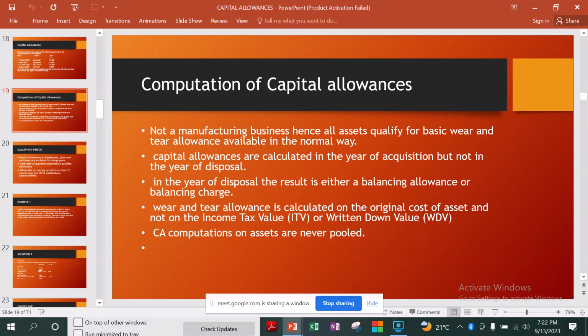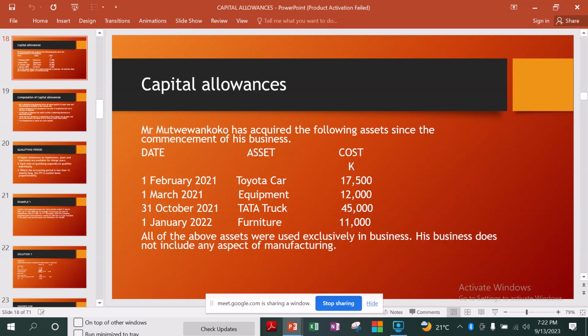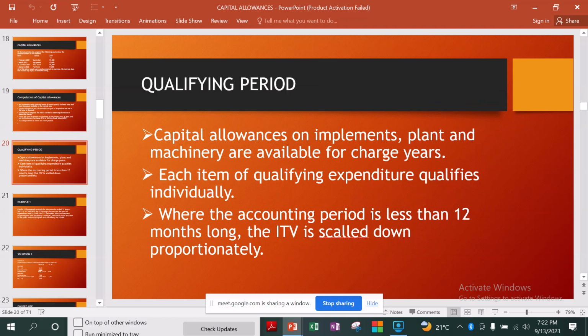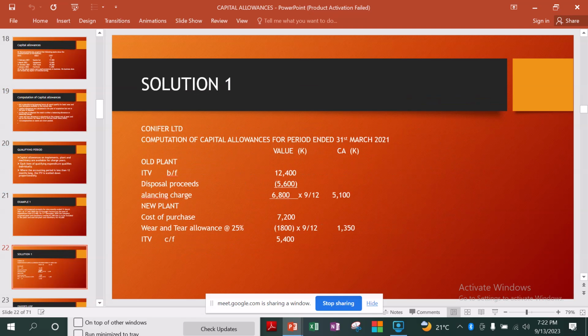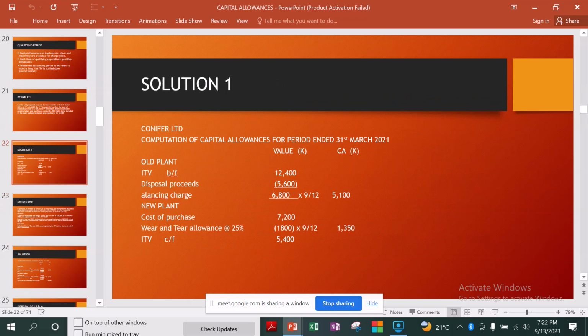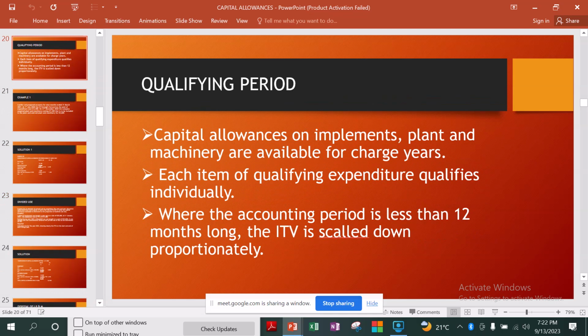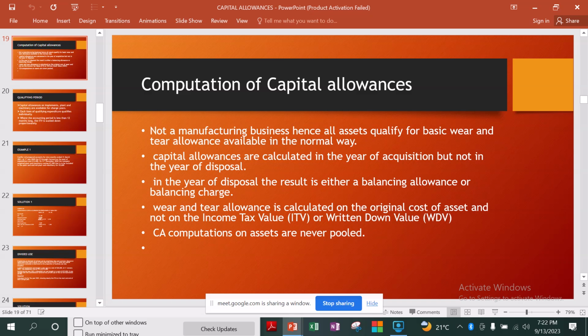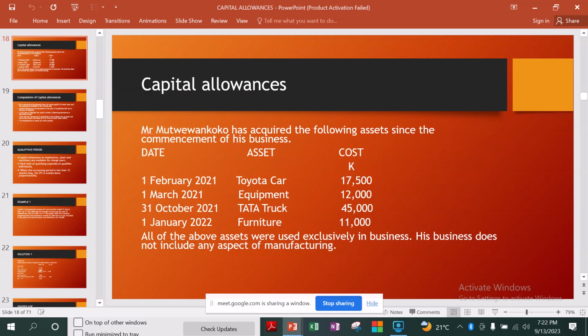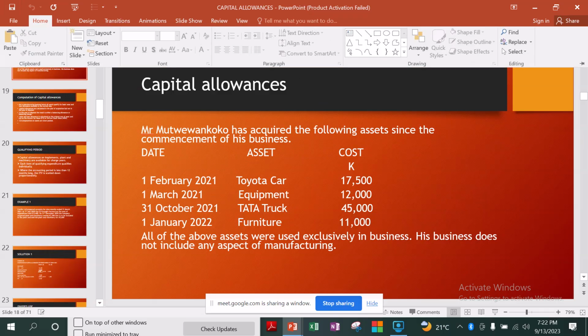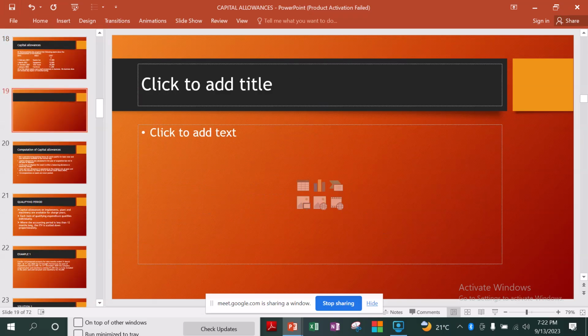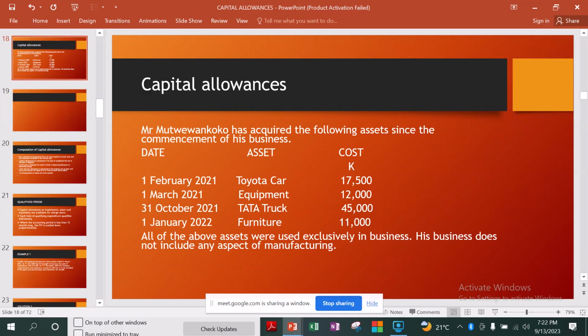And we also have equipment for 12,000. So how do we go about this calculation? That's what I'm going to show you. So let's look at this one.